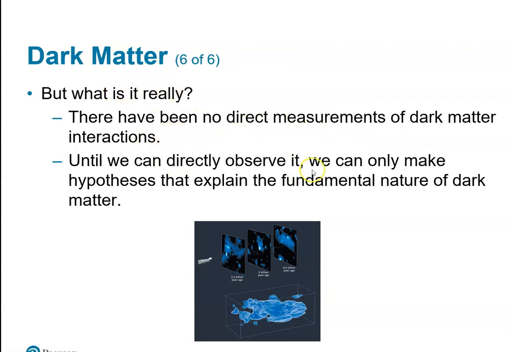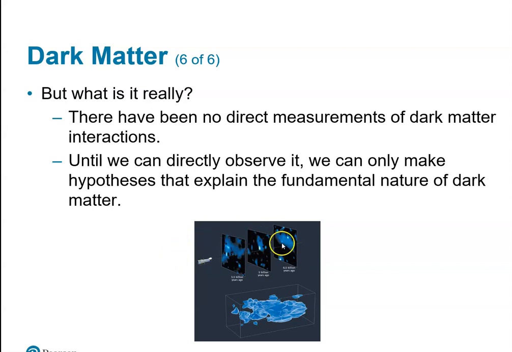But again, we don't know what it is because, other than its gravitation, we can't perform any experiments on it. We just know that it's dark. That is, it doesn't interact. Now, the other thing that we can do is we can actually map the dark matter. We know where it is around galaxies because, remember the whole thing about Einstein, the bending of light near a massive object.